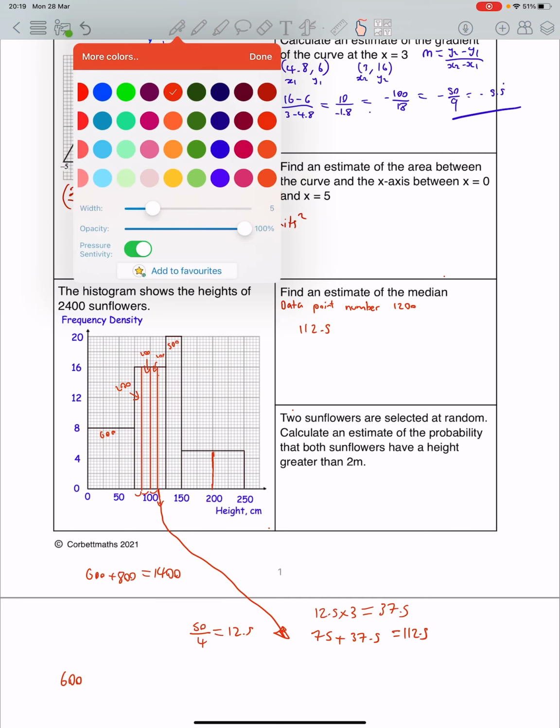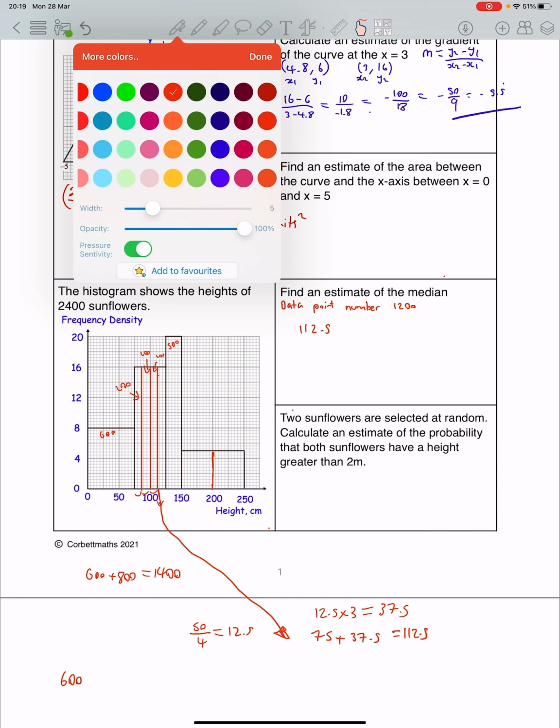So this bit would be 2,150. To work out the remaining, 2,400 take away 2,150, which is 250. Or you could have just calculated the area of the end bit. Point is, I now know it's about 250 sunflowers that are greater than 2 meters, 200 centimeters.